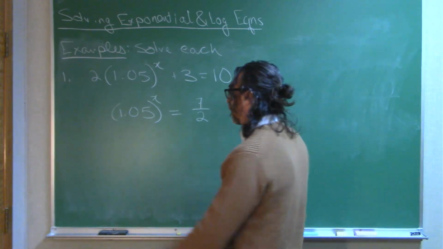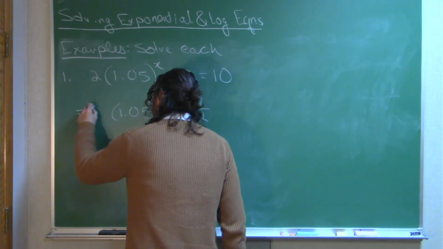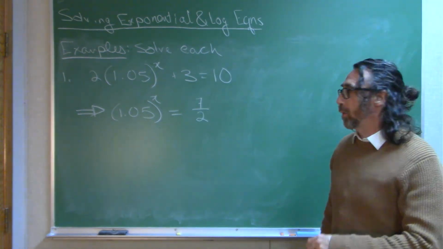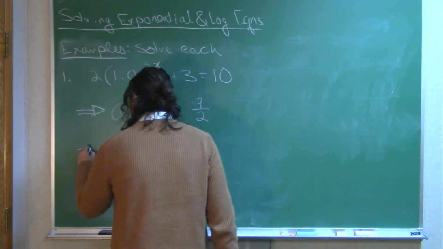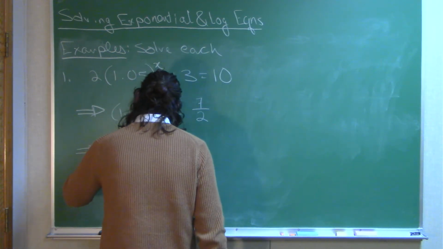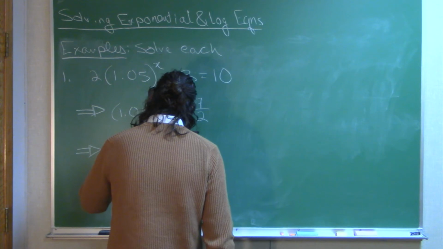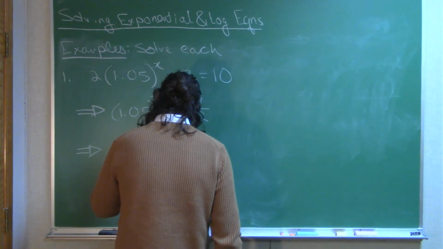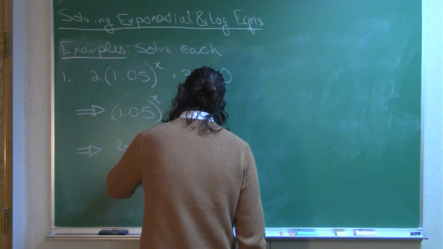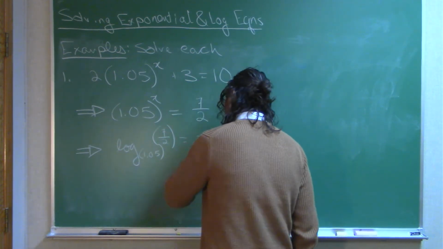Okay, so first step is complete. Isolate the quantity with the unknown exponent. Now, once you've done that, convert to the equivalent logarithmic equation. Log base 1.05 of 7 over 2 equals x.